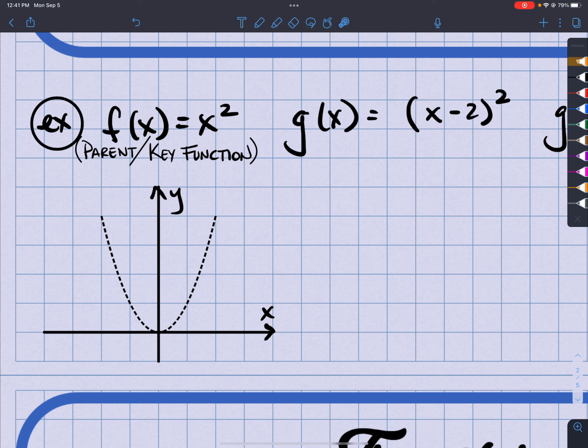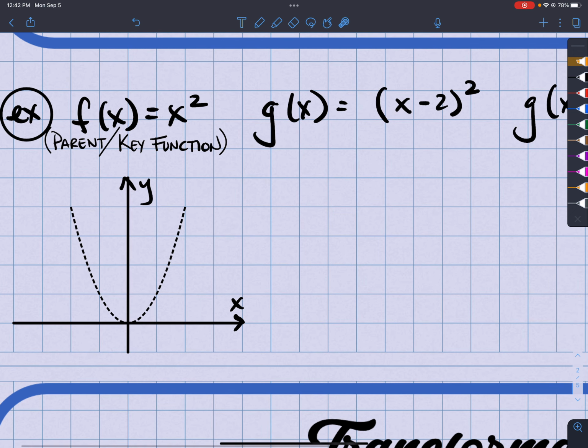So I can come up with some x values like 0. 0 squared is 0, so I got (0, 0). If I put 1 in here for x, 1 squared is 1. If I put 2 in here for x, 2 squared is 4. So at 2, it'd be 4, and so on and so forth.